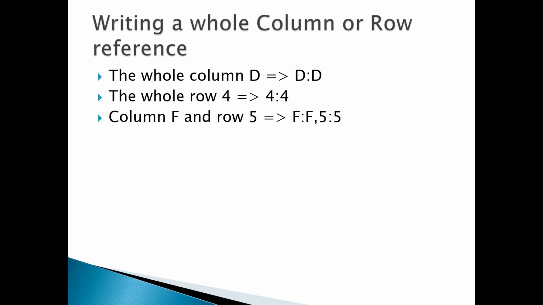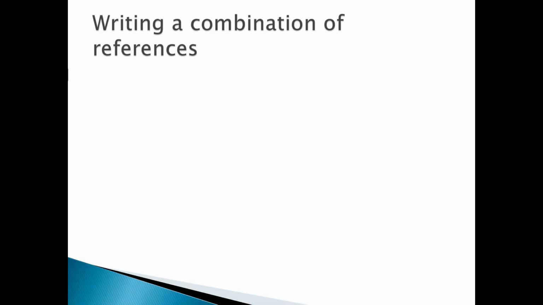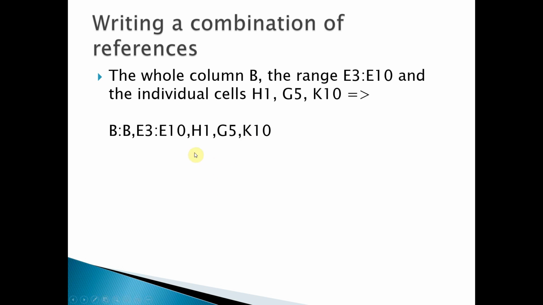I can also do combinations. Let's say I want the whole column F and the whole column row. As you can see, with a comma, I separate the two regions, so it's the whole column F and the whole column row. Finally, I can make combinations of all these things. Look at the combination B colon B, comma, E3 colon E10, comma, H1, comma, G5, comma, K10.